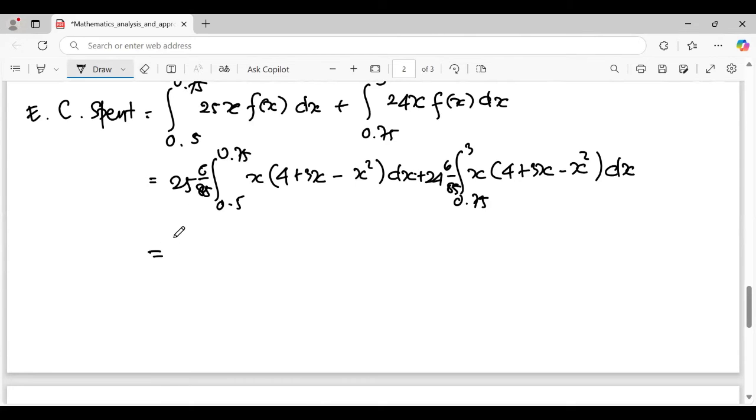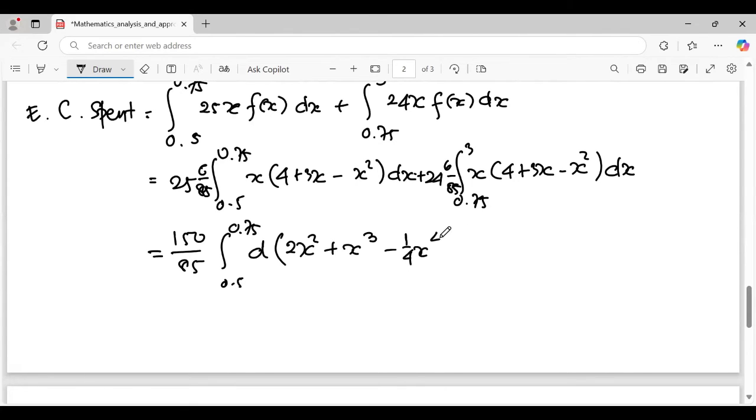It's going to be 150/85 times the integral from 0.5 to 0.75, and the antiderivative is 2x squared plus x cubed minus 1/4 x to the power 4.